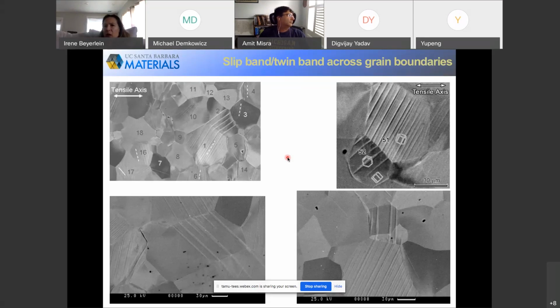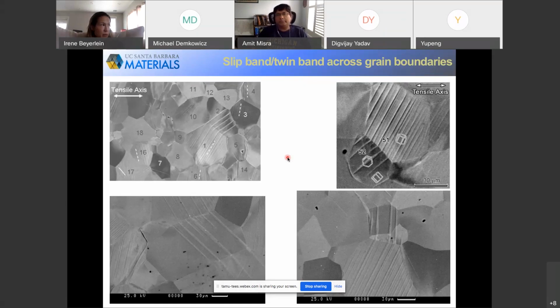It could have. I don't remember. Yeah. So just as a qualitative relationship, usually the twins in the cubic system, the twin shear is extremely high, much higher than the twins in HCP.